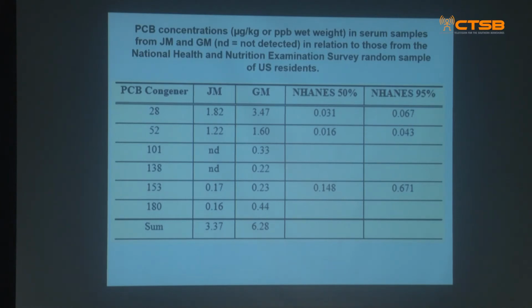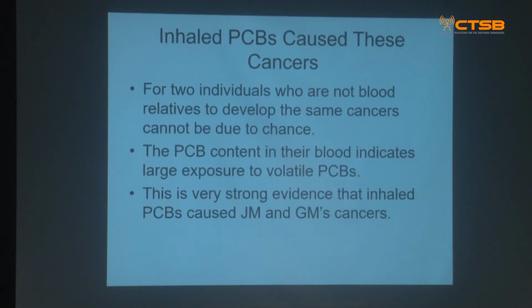So this is very good evidence that both of these people with those unusual cancers, they're man and wife, but they were not blood relatives. For non-blood relatives to have the same cancers means that that can't be explained by genetics. They both had high exposure to low chlorinated PCBs.